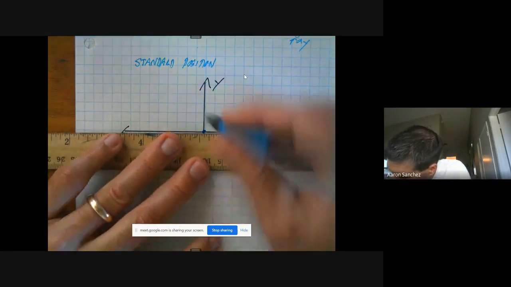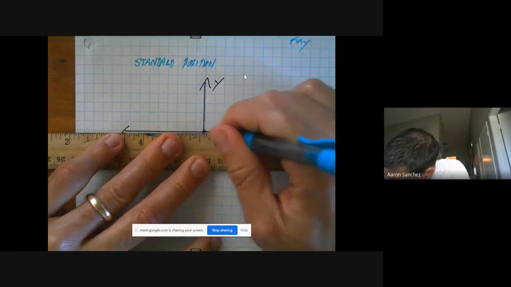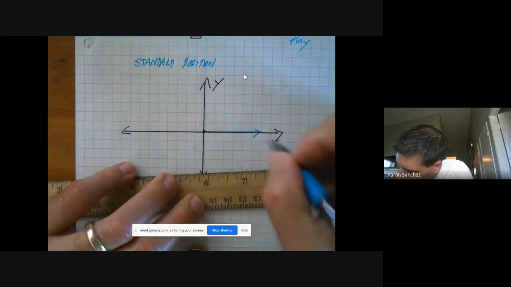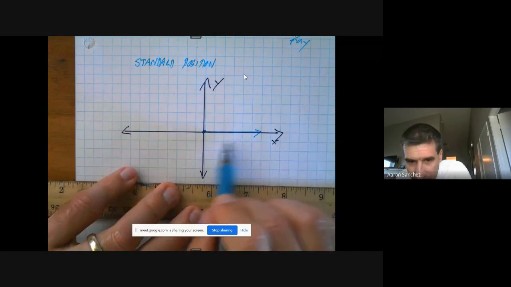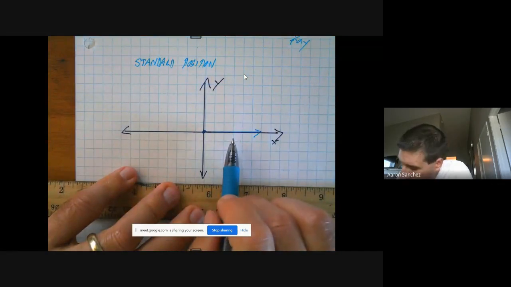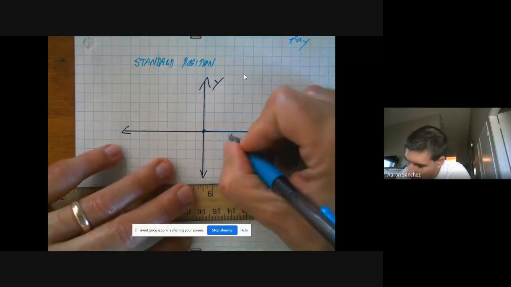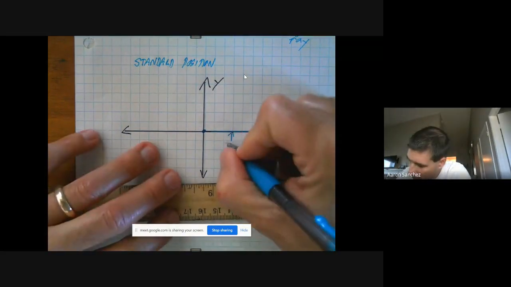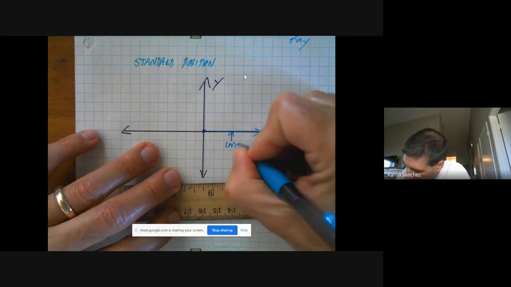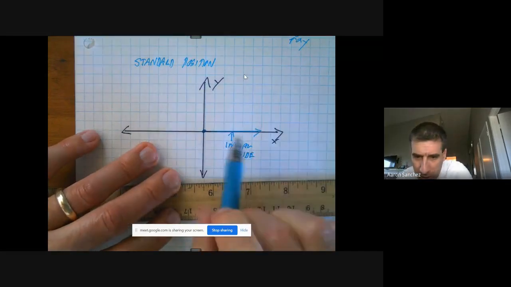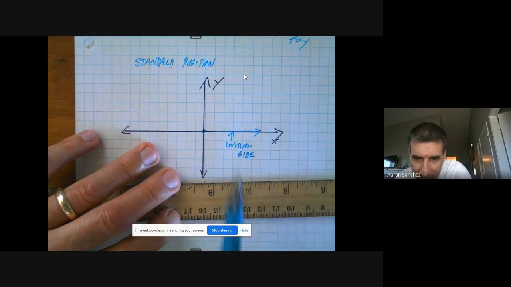Now, on the standard position, we have one of the sides of the angle, or the leg of the angle, right here. We call this side the initial side. Everything we work with, the initial side will always be on the x-axis.